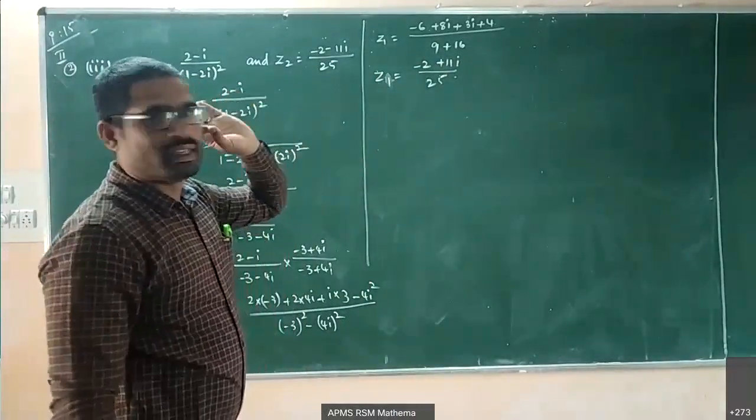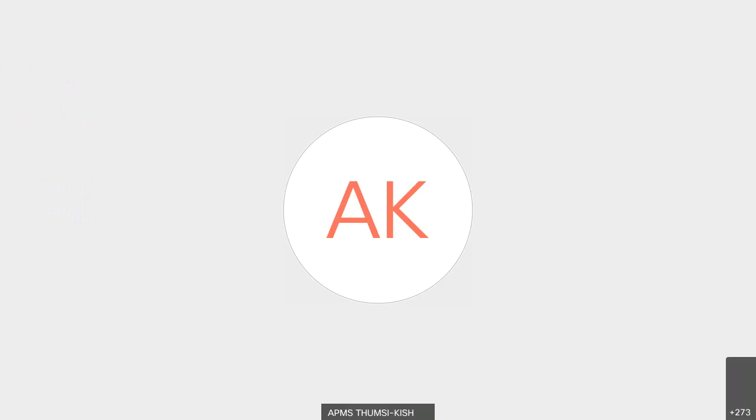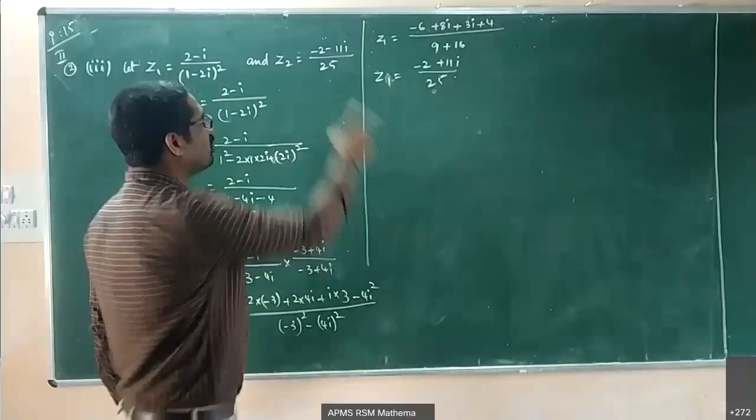If you closely observe the simplified Z1 and the given Z2, the denominators are the same and the numerator's first term is the same, the second term is the same, but the sign of the second term is different, meaning the complex part of the number we arrived at is different from Z2.